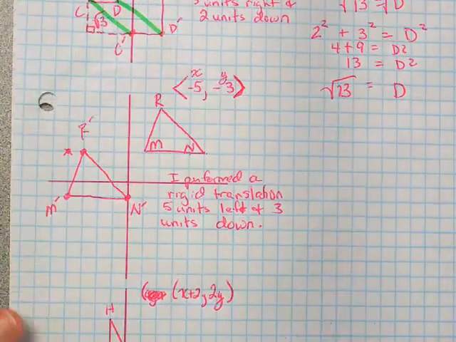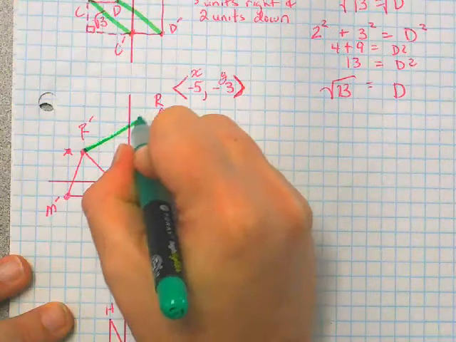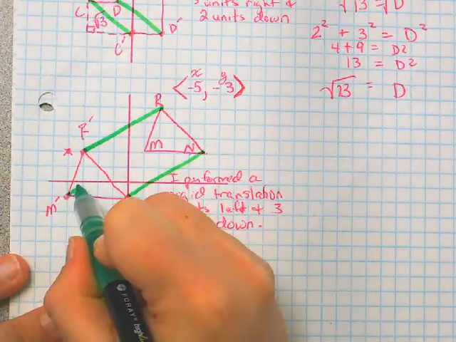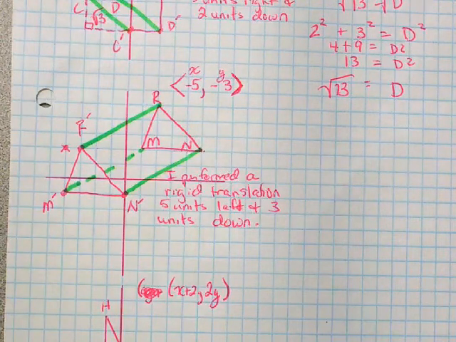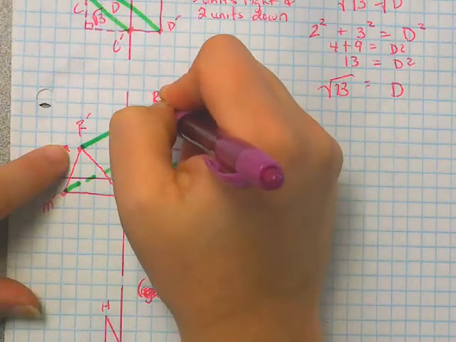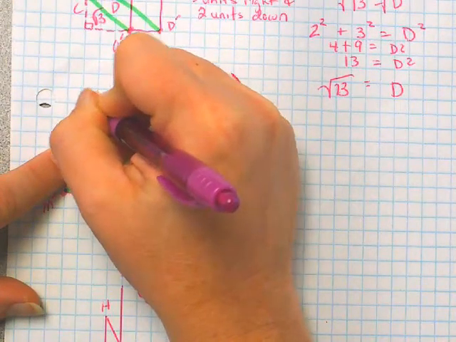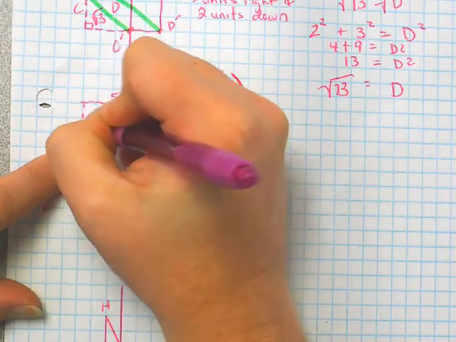Let's check this whole distance thing again though, because I want to see if the distance is the same from my original coordinates to my prime coordinates, because it feels very much like it is. But I just want to make sure. If I start at R and I go to R prime, 1, 2, 3, 4, 5, that's 5 units.